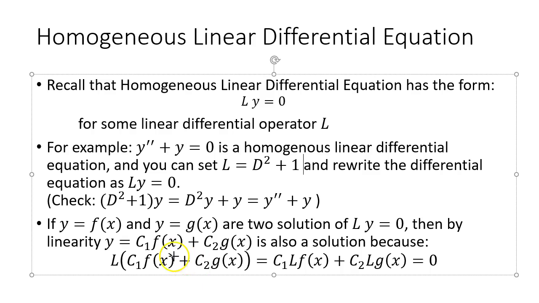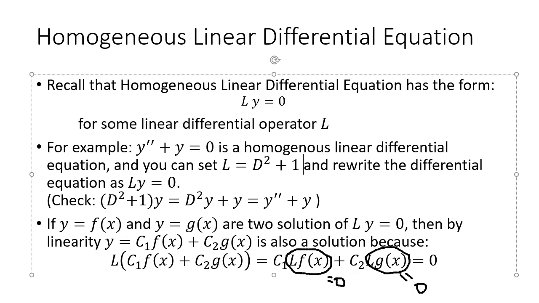We know L of f of x is equal to 0, and L of g of x is also 0, and 0 plus 0 equal to 0. So what I'm trying to say is that if you have a linear homogeneous differential equation, which means the right side is 0, then its solution can be written as a linear combination of many solutions.